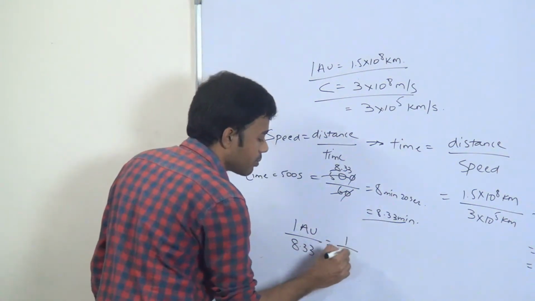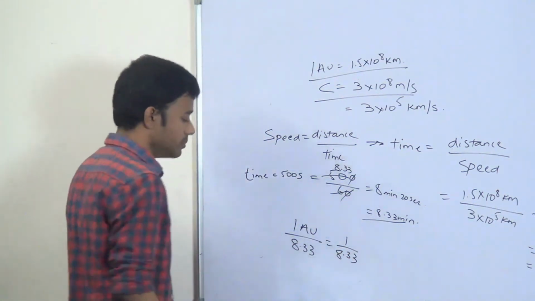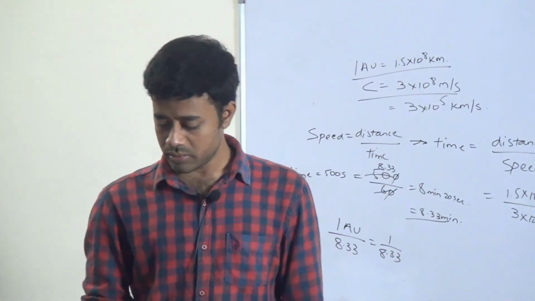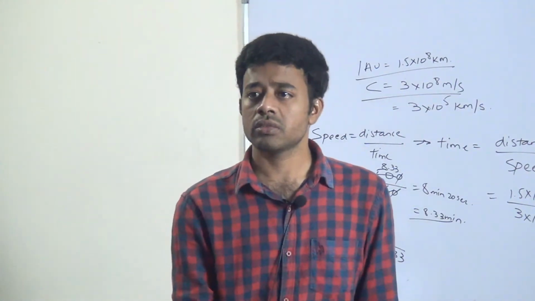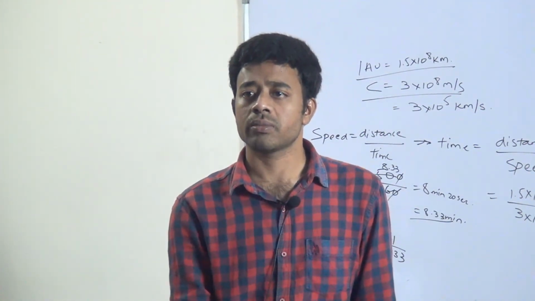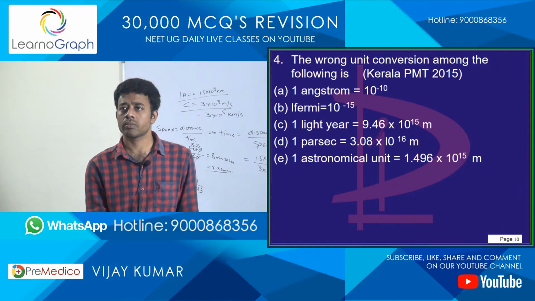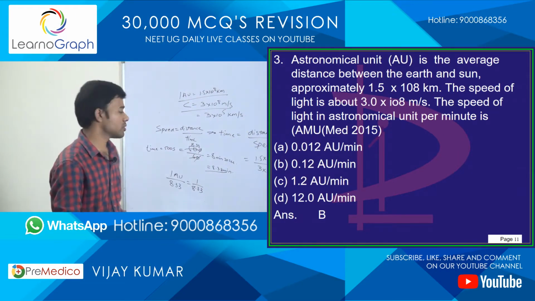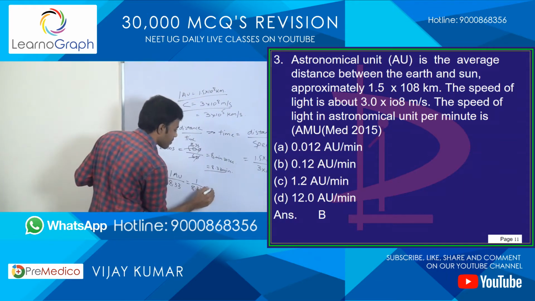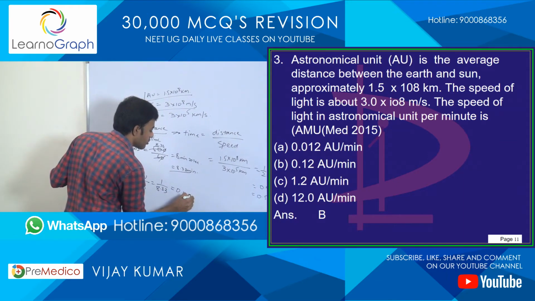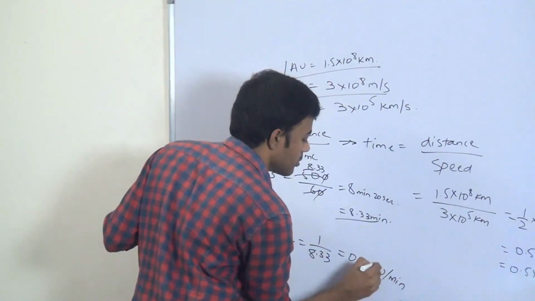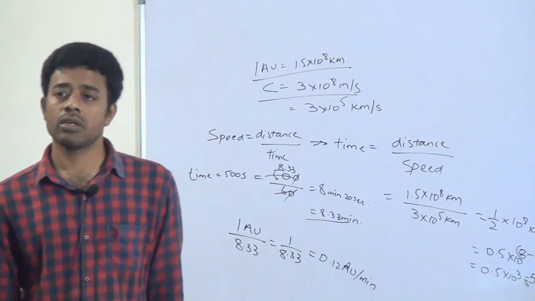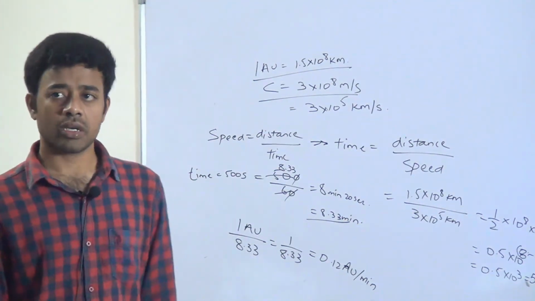So 1 by 8.33 gives the speed of light traveled in 1 minute of time, which gives 0.12 astronomical units per minute. So it is option B according to the given data.